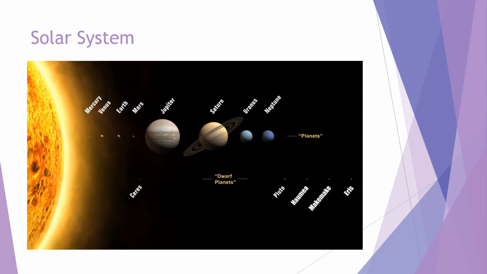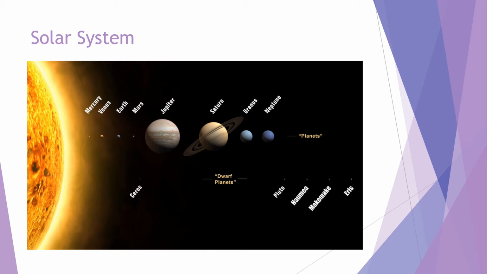Okay, there's also some dwarf planets in our solar system, so you probably know now that Pluto is considered a dwarf planet because it doesn't meet all 3 criteria to be considered a real or an actual planet.